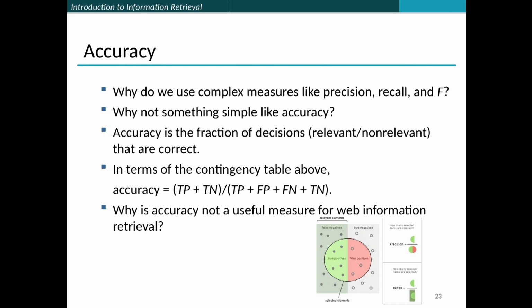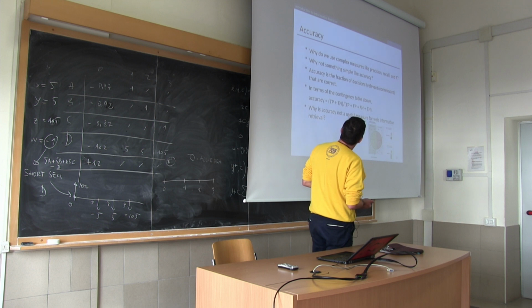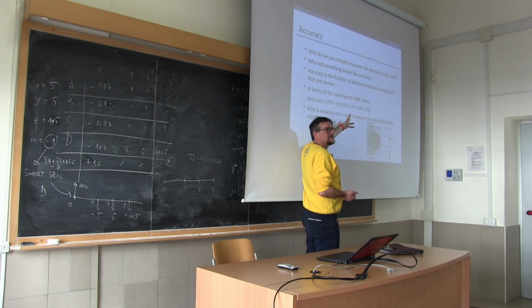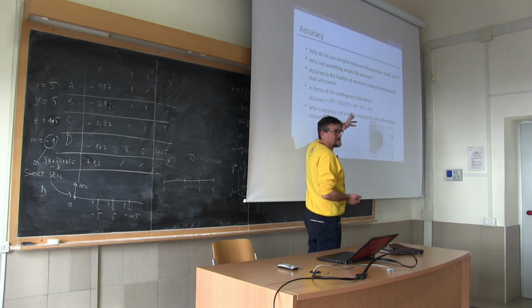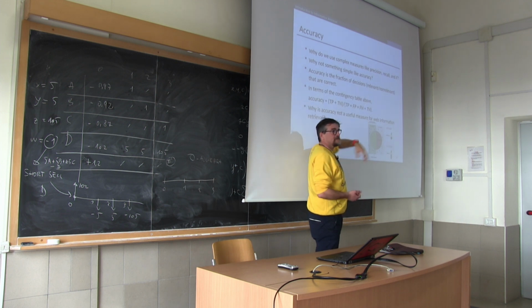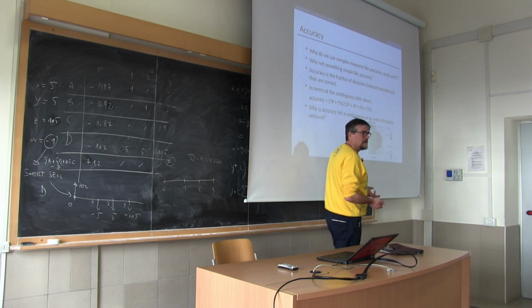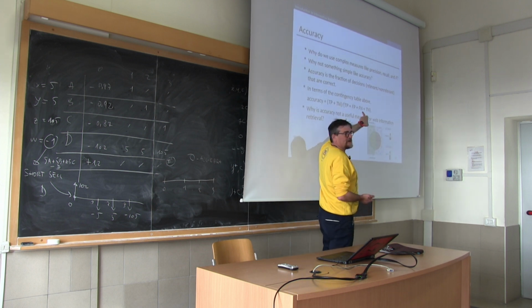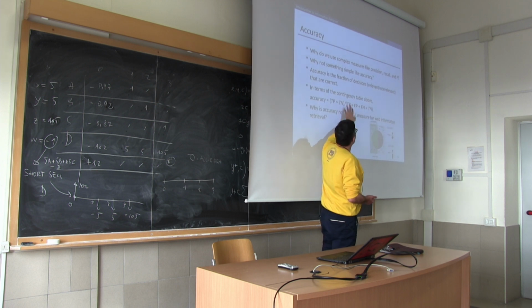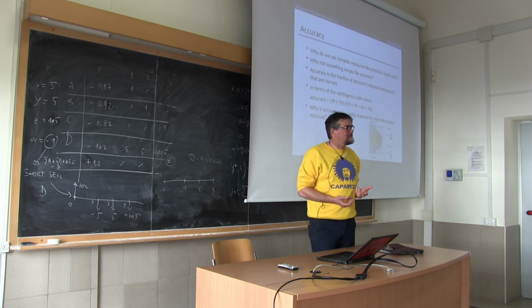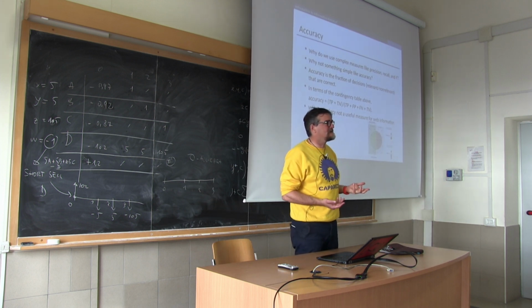A significant fraction of the documents are usually not relevant for a given query. Okay? So this true negative count is usually very high. It's very big, yes. True negative, which means documents that are not actually relevant for our query. This number is usually very high. So basically, this fraction is very biased by the fact that this number is very high.